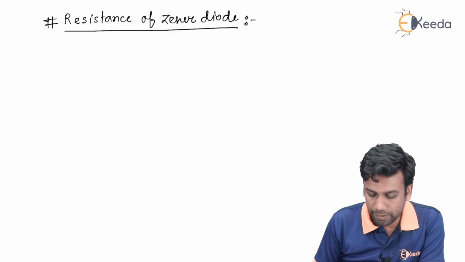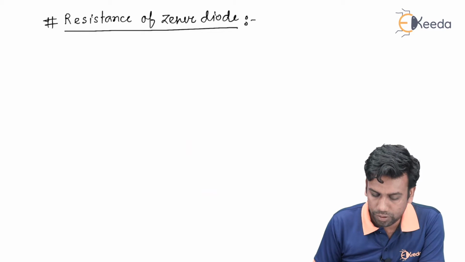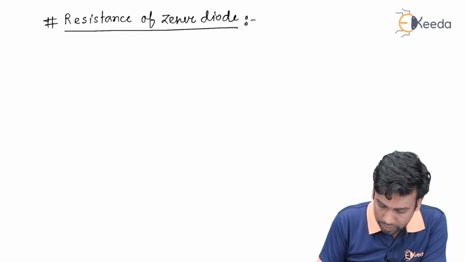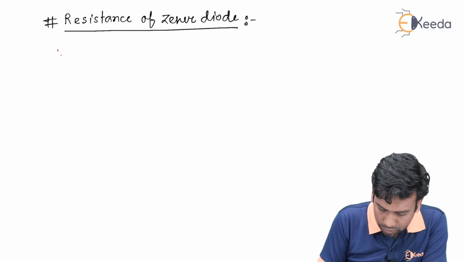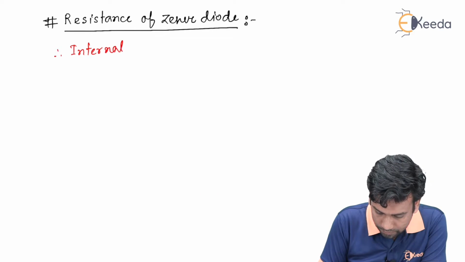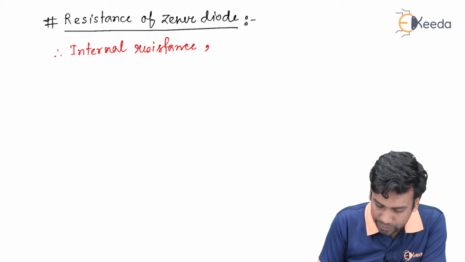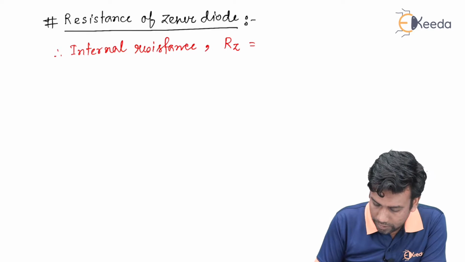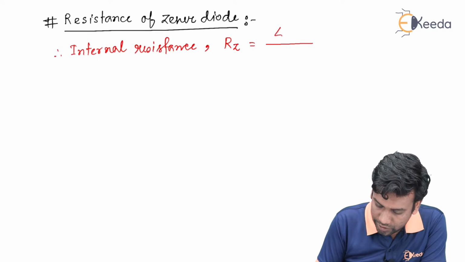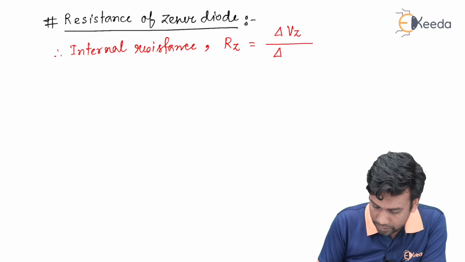The dynamic resistance of a Zener diode can also be called the internal resistance of the Zener diode, and it is specified by Rz, and it is denoted by the change in the Zener voltage divided by the change in the Zener current.